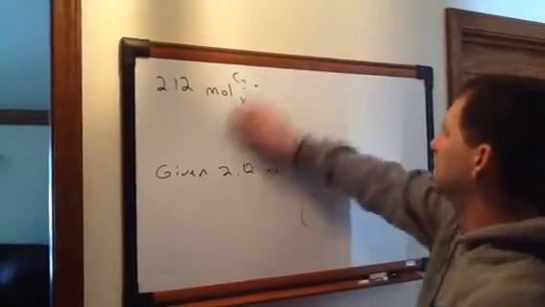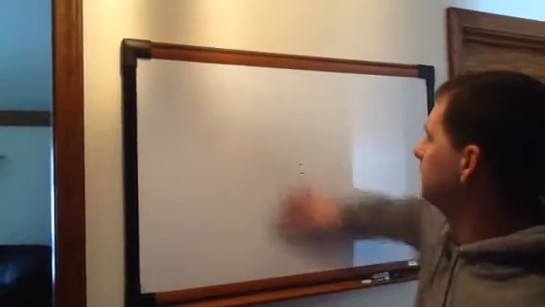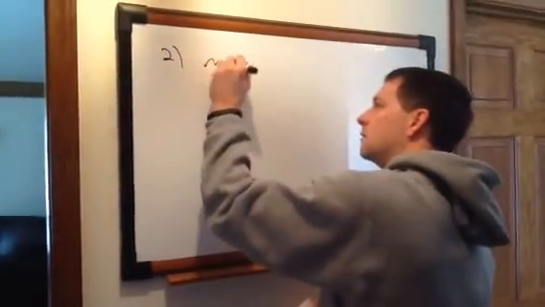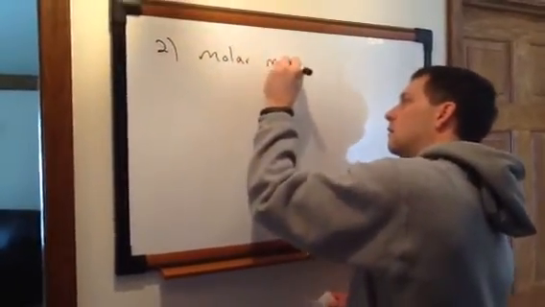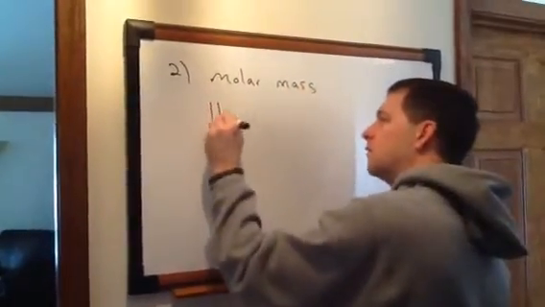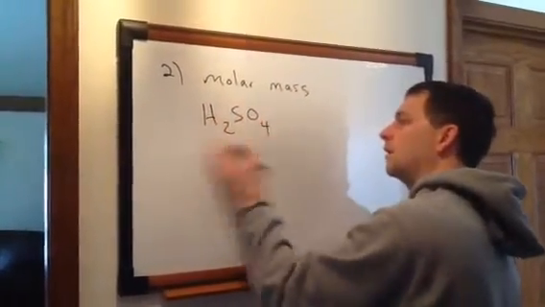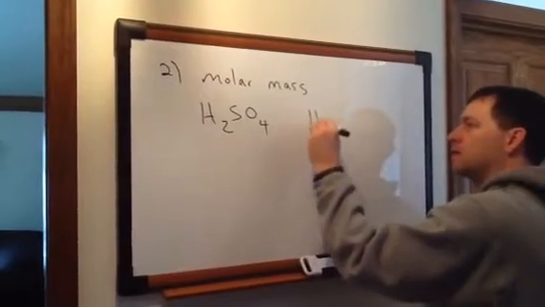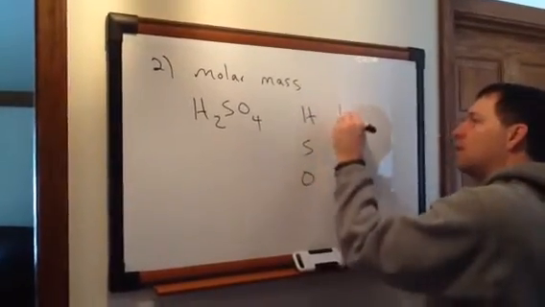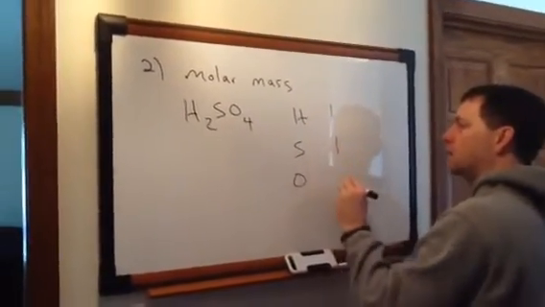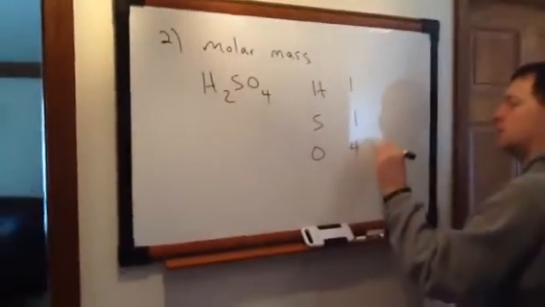Okay, I'm going to erase here and get you started on example problem 2. In example problem 2, we're going to find the molar mass of H2SO4. Now you've done this before. Again, we're going to take the atoms. So if we have hydrogen, sulfur, and oxygen, we have 1 atom of hydrogen, 1 atom of sulfur, and 4 atoms of oxygen.